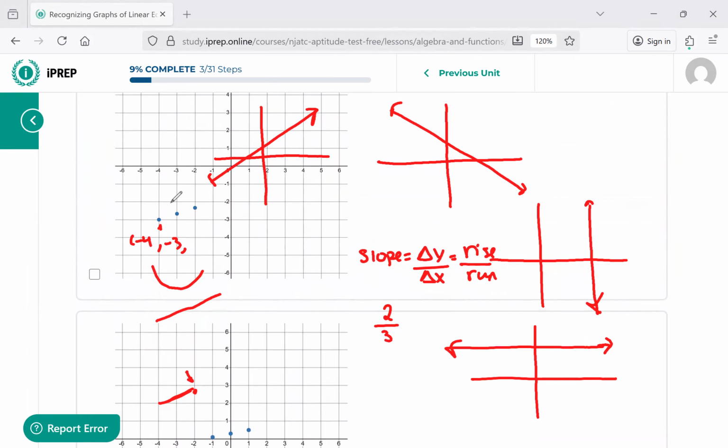This dot right here is at -3, comma, some number, I'm not sure, but as long as the x value doesn't repeat, you're good. This one, -1. Man, they both look good.